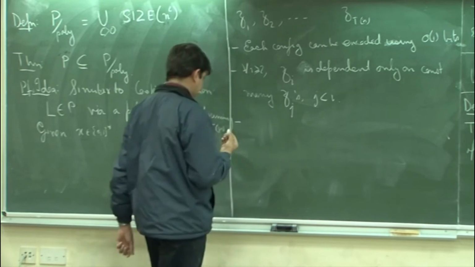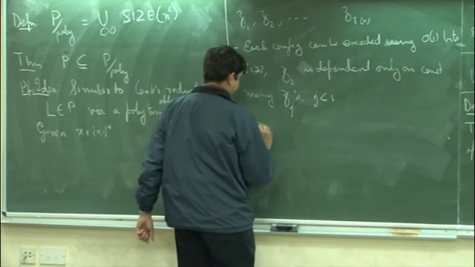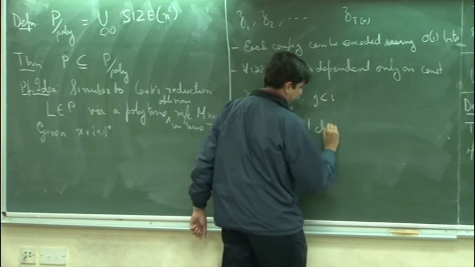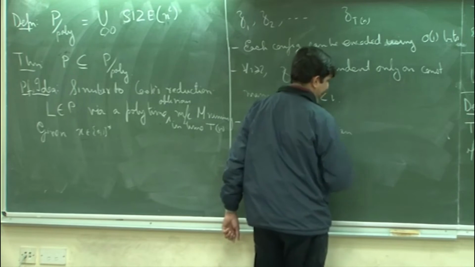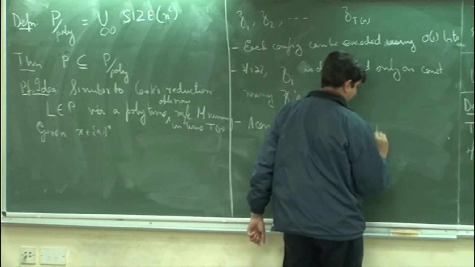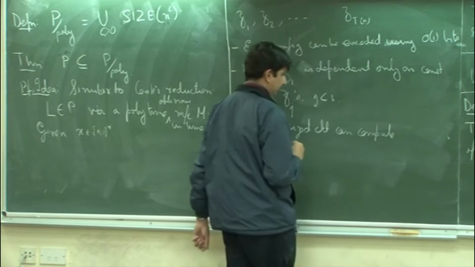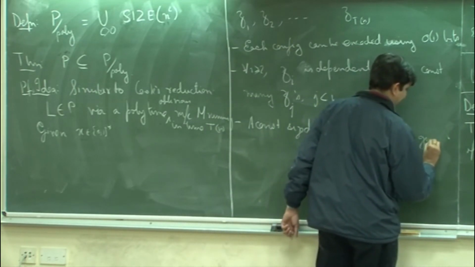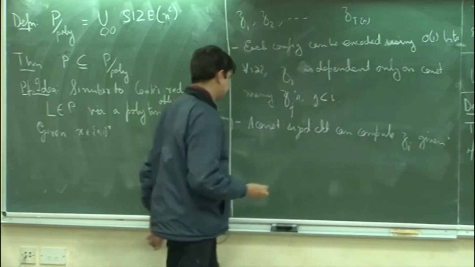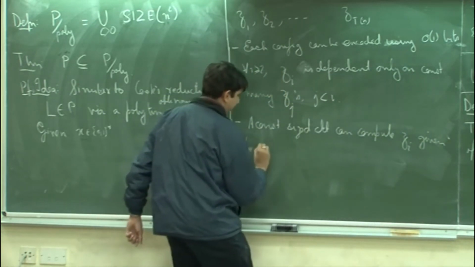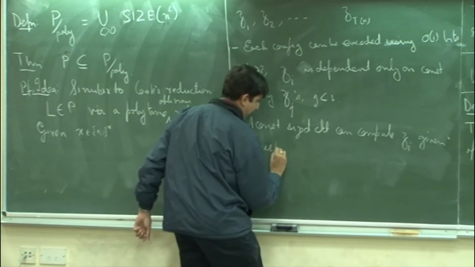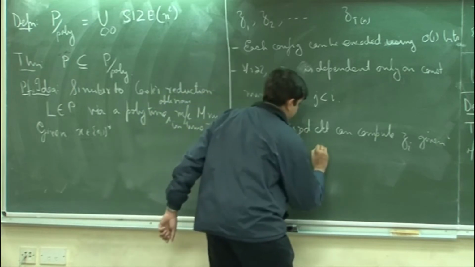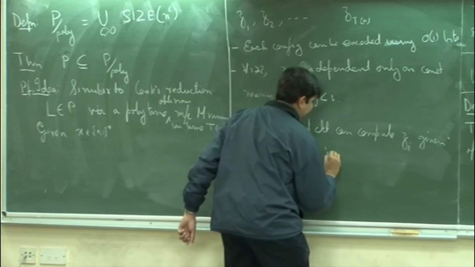Therefore, a constant sized circuit can compute Zi given the respective Zj's.